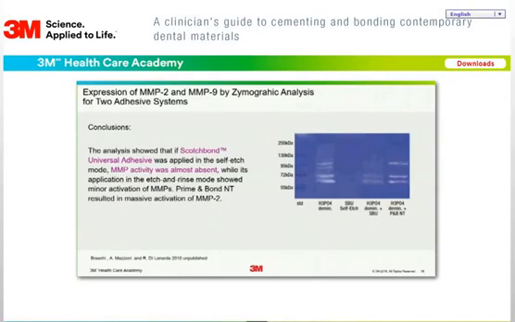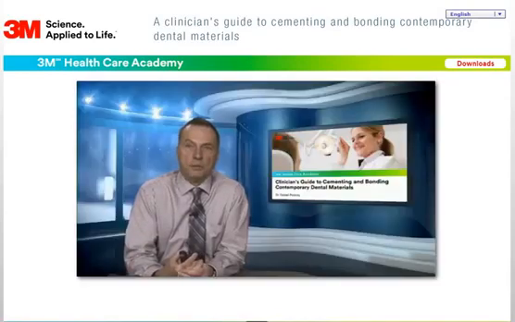It appears that the MMP activity is almost absent. In this case, it was comparing Scotchbond Universal with another product involving acetone. So if these MMPs come into play and influence you a little bit in the use of your product, I think it's good news that it looks like we have something that can be effective to that end.